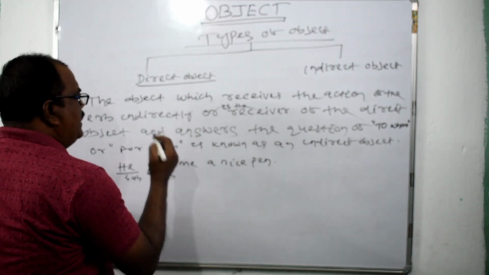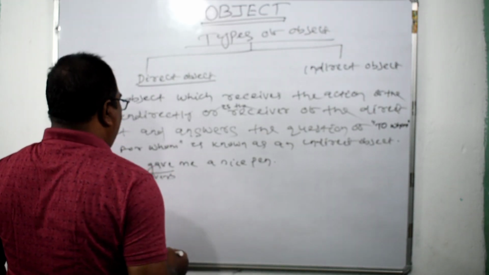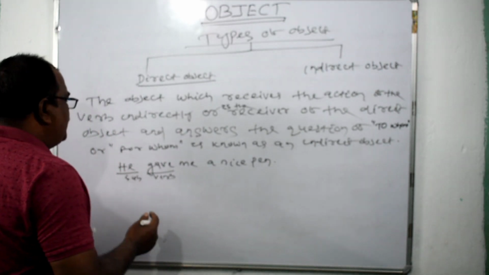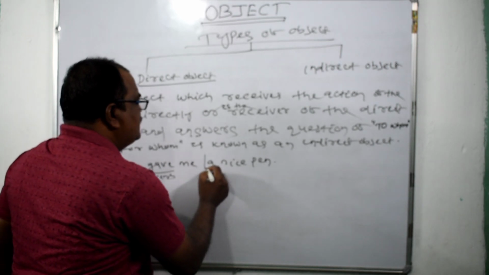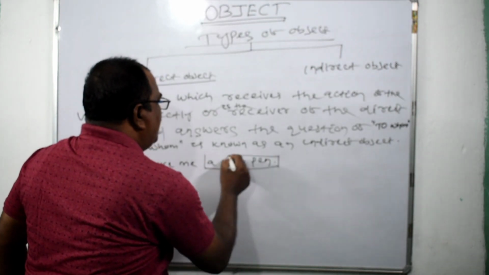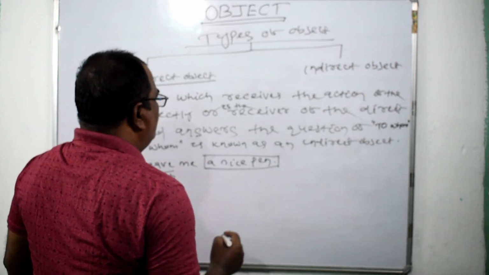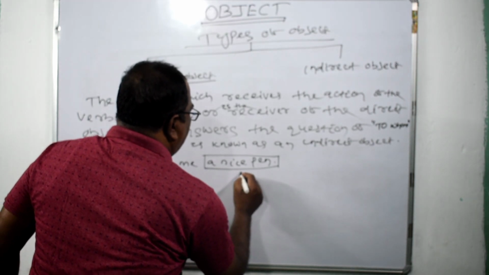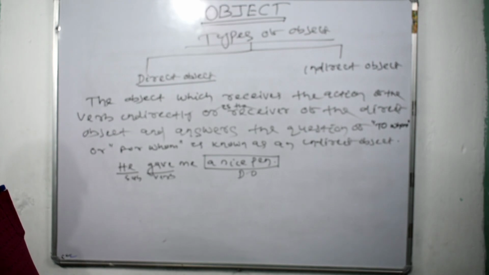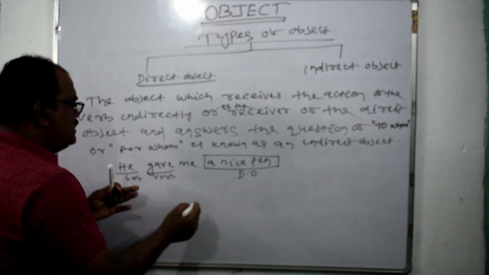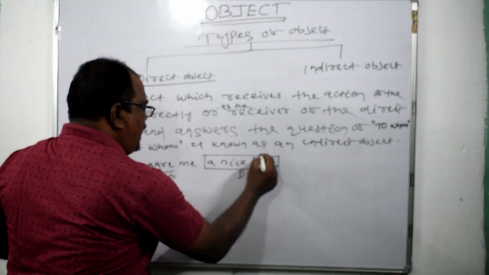He gave me a nice pen. What did he give you? This part of the sentence, a nice pen, answers the question of what. Therefore, it is a direct object. Who received a nice pen?